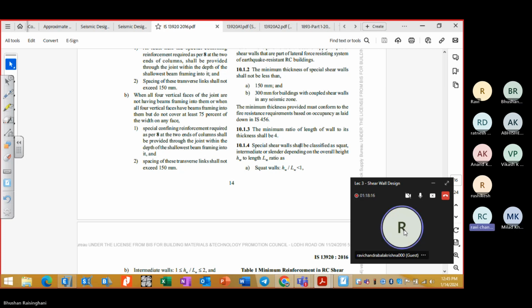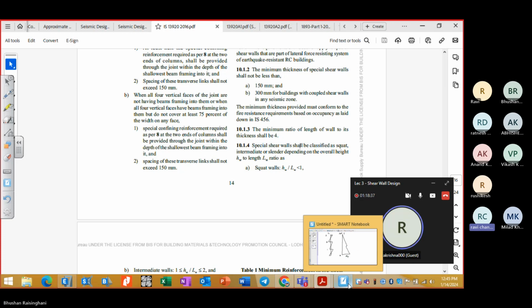Sir, and one more thing: in 10.1.2 clause B, 300 mm for buildings with coupled shear walls in any seismic zone. How could I determine whether my shear walls are behaving as coupled? Let us suppose I have two walls with a connecting beam of 250 with a small depth.